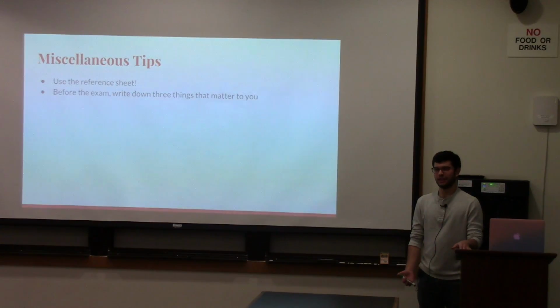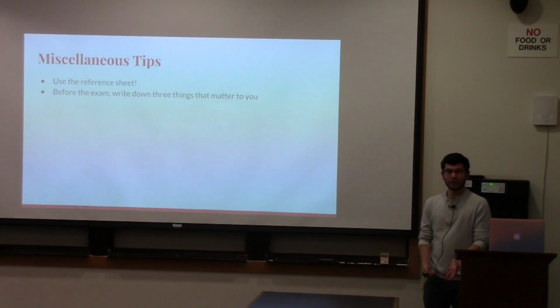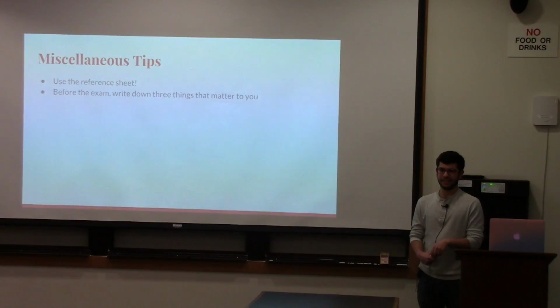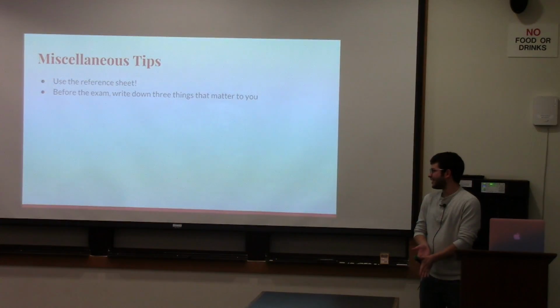The reason for this is psychological: if you remind yourself that these are things that matter to me, and if those things are maybe not related to CS, or relate to knowledge acquisition rather than grades, it will put you in a better headspace for taking the rest of the exam, and then you'll actually do better and just be happier. So, little recommendation I have.